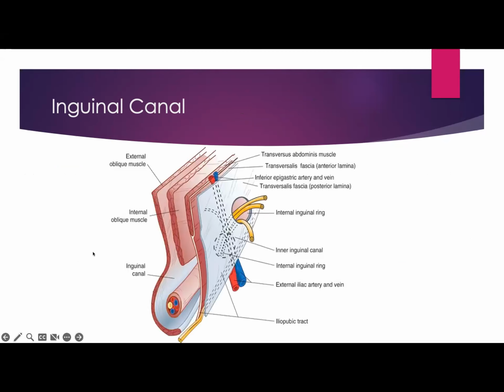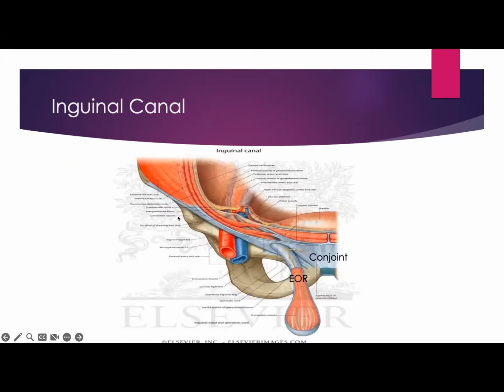So this is another picture of the inguinal canal, and this is also another picture. For the inguinal canal, it's most important to understand the inguinal hernias. Okay, so we have a direct one and we have an indirect inguinal hernia.